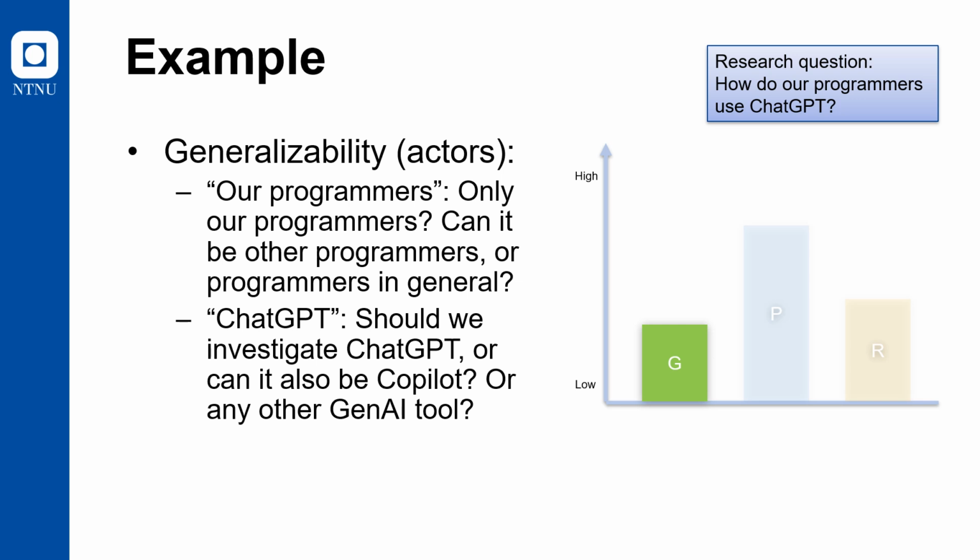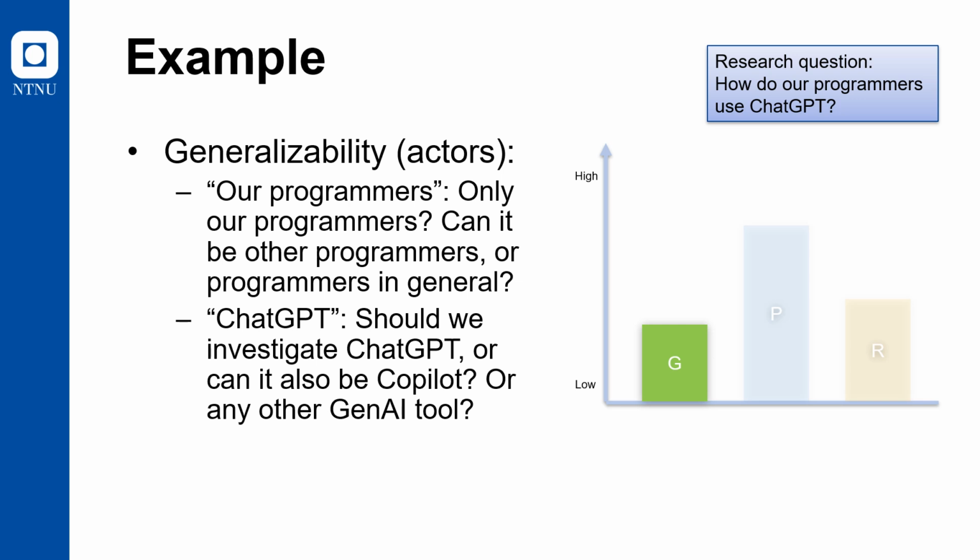Regarding generalizability, the G, you need to consider 2 actors. One is our programmers. You need to ask questions like, is it important that we investigate our programmers? Could it be programmers in other companies and in other markets than insurance? Could it be programmers in general?